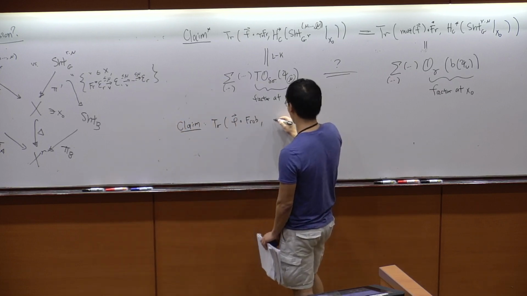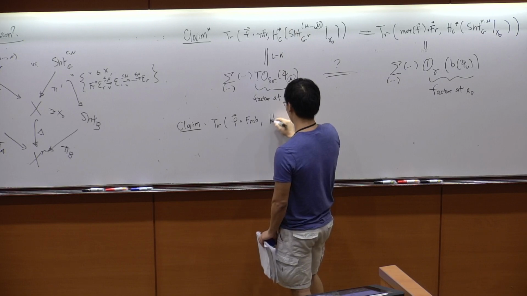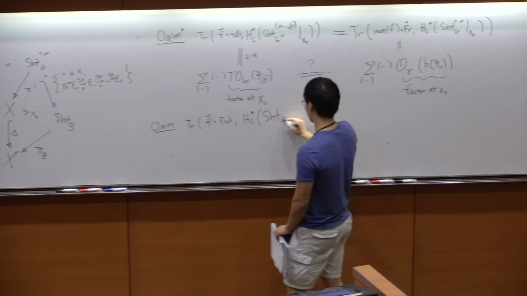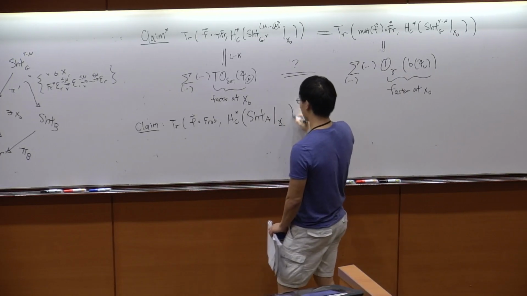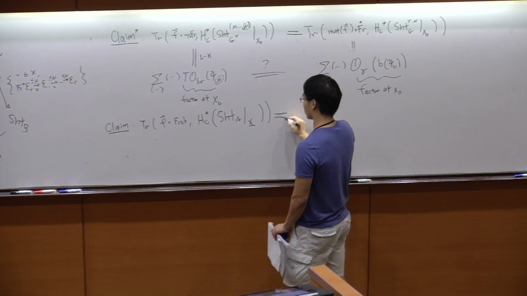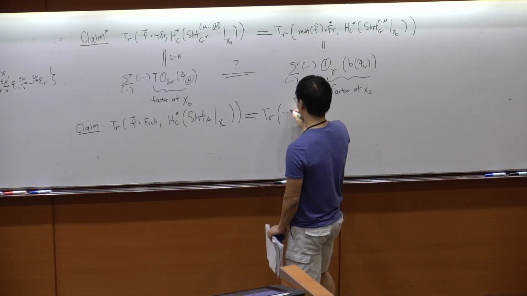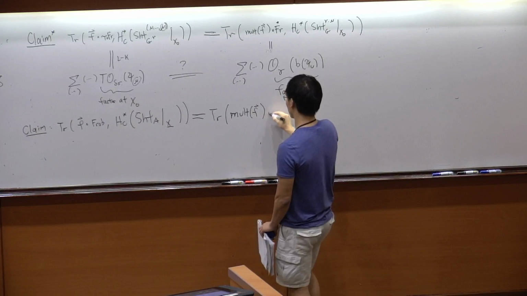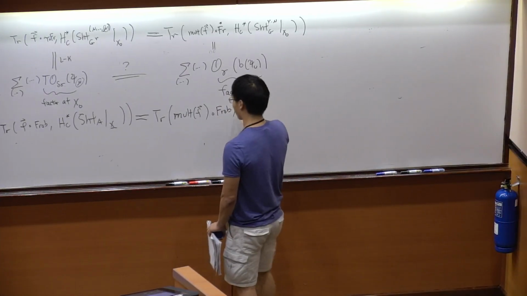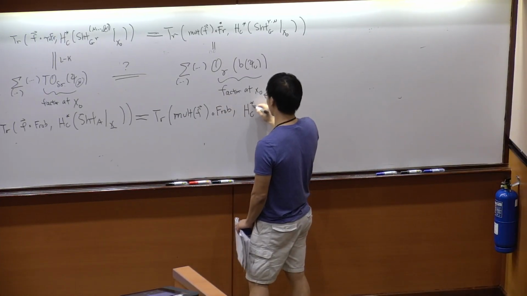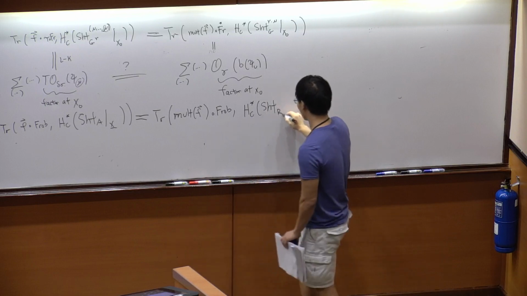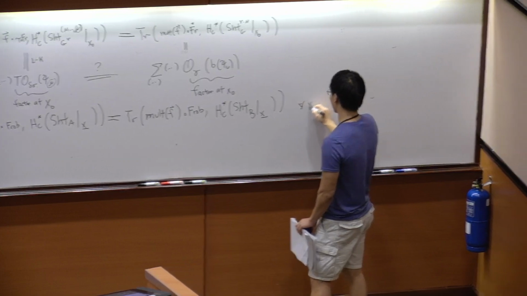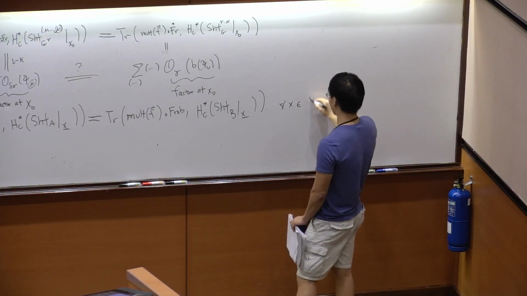So let's just say the trace of Hecke operators on shtuka A restricted to x is equal to the trace of the product of these Hecke operators composed with Frobenius at the same fiber for shtuka B, for all x in X to the R.